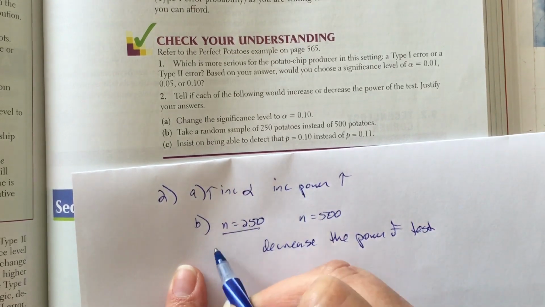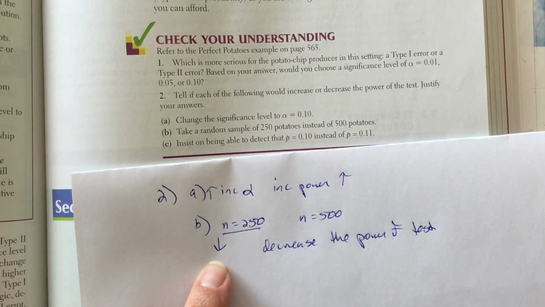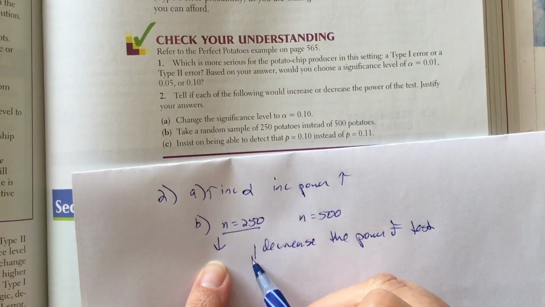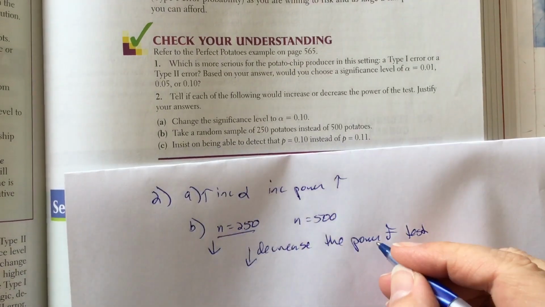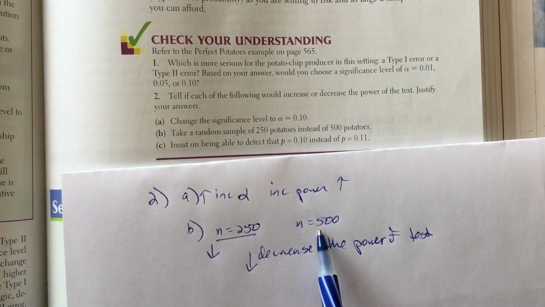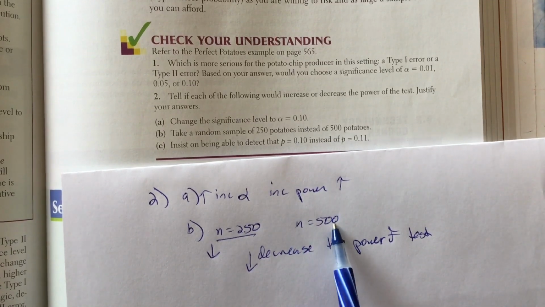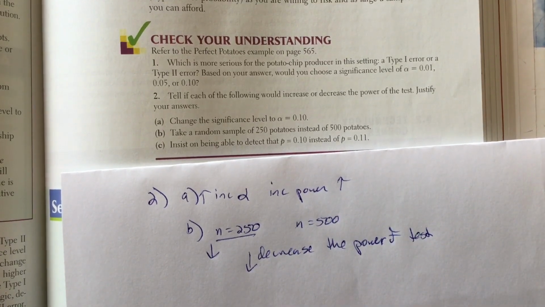So when we make our sample size smaller, it decreases the power of the test. With most things in statistics, the larger sample size is better. Increasing your sample size increases the power of the test.